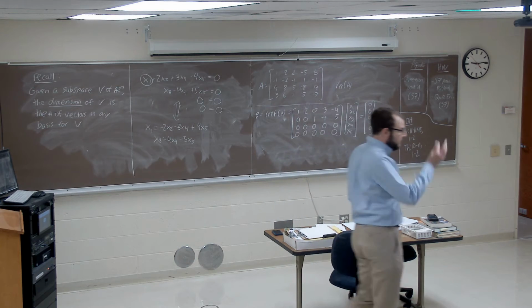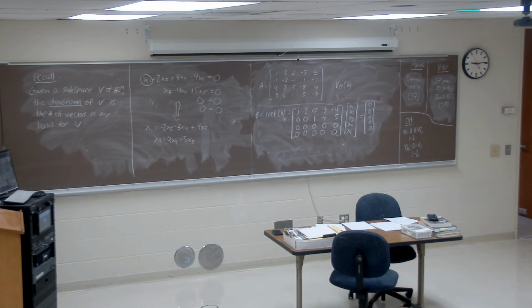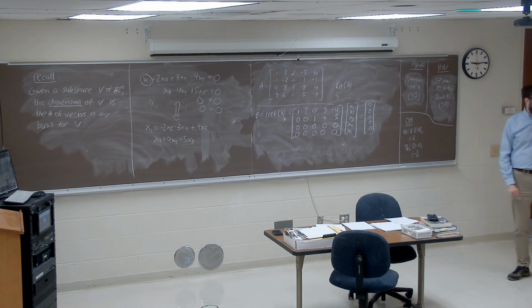Okay. Yeah, no? So for it to be a basis, I thought part of a basis was that you couldn't make one of the basis vectors as a linear combination. That's not the case. No, that's true.